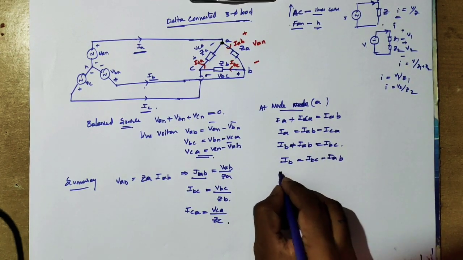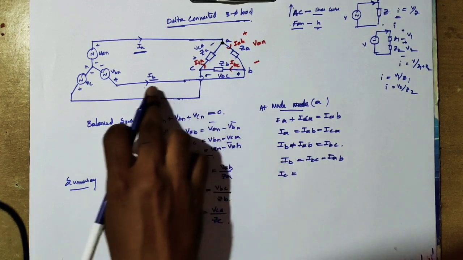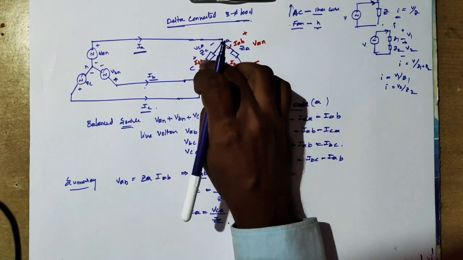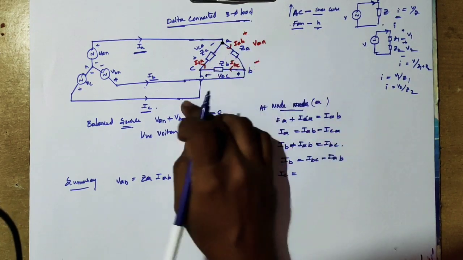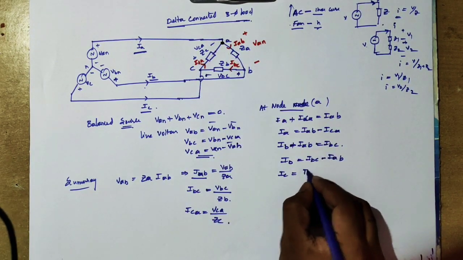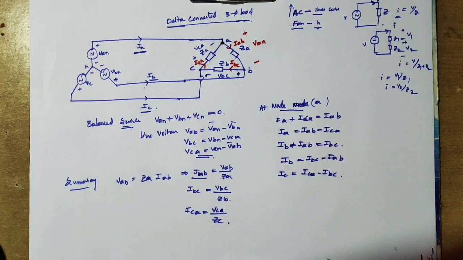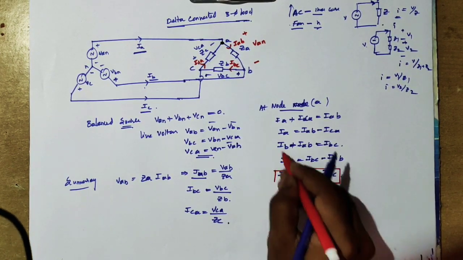Similarly, the current IC equals ICA minus IBC. So these are the observations you draw from the load connection.